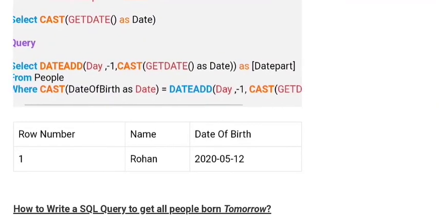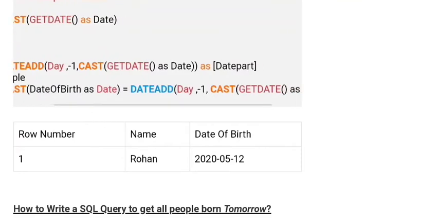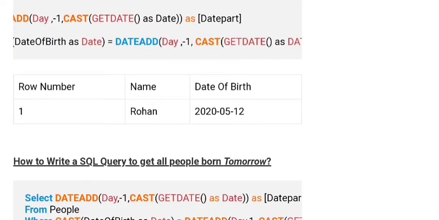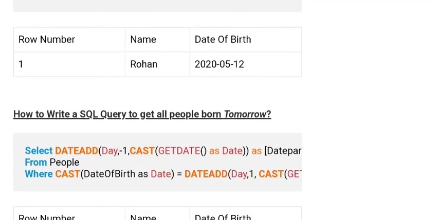In the where clause you are taking that cast of date equal to dateadd day minus 1, getdate from the current date. You are comparing the table column date with the yesterday date, day minus 1, so that returns the yesterday date. So we have only one record, so we have displayed here.